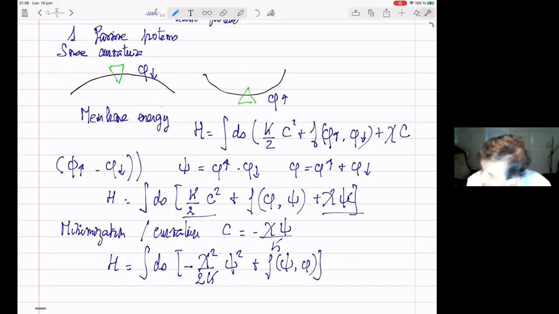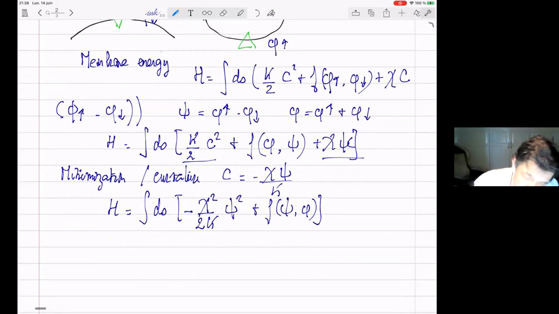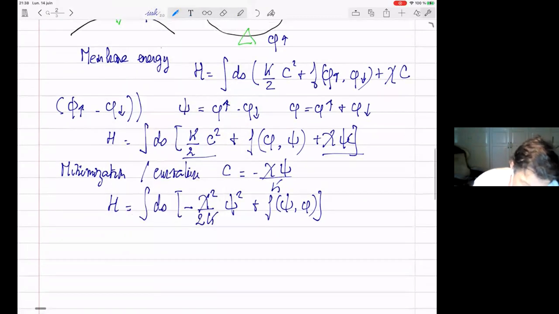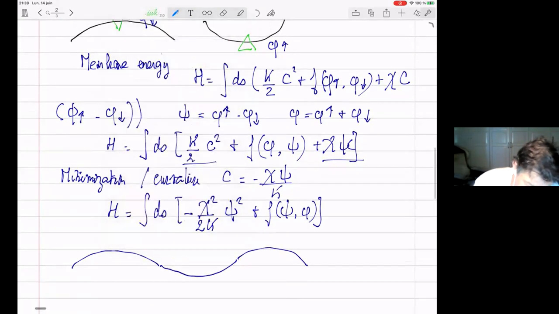So there is a phase separation in the membrane with regions with downward curvature. So we have regions of upward curvature and regions of downward curvature. In the region of downward curvature, the proteins will be like this. In the regions of upward curvature, the protein is like this.